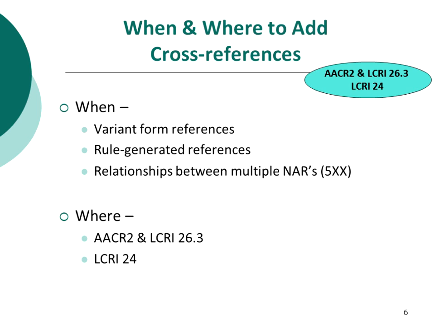Well, the variant form references do need to have the justification whenever you add the references in that category. Now, the third category when we need to consider cross-references is when you have different corporate body names where they have relationships.